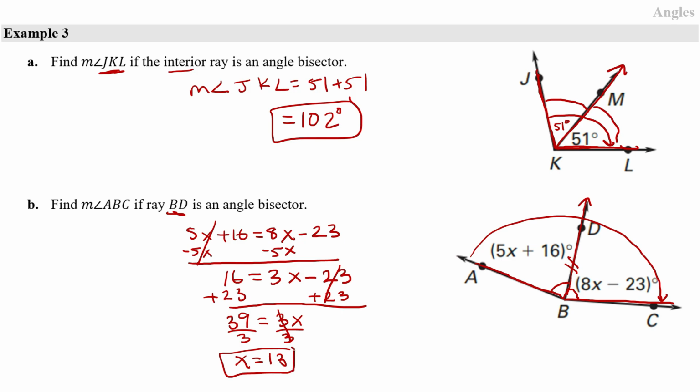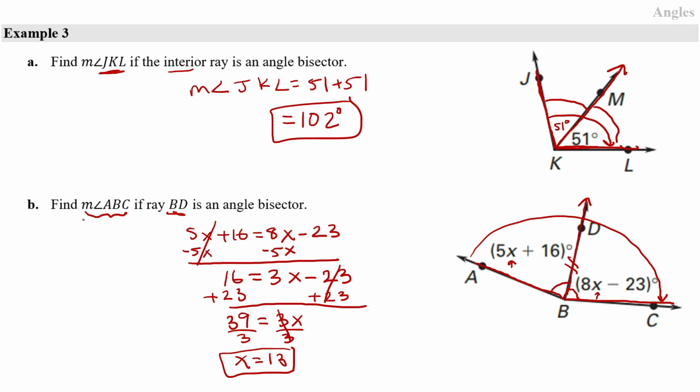But once again, this is not the answer, because I'm trying to find the measure of the angle ABC. So I do have to plug 13 back in here, or I can plug 13 back in here, or you can do it in one of them, because remember these are both equal.